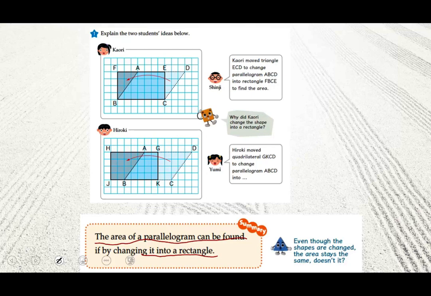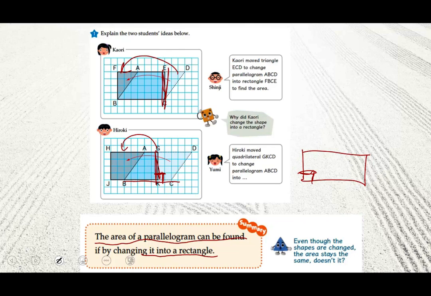In this case, you can cut this shape here and move it, or you can cut in the middle. It doesn't matter. However, the important thing is it has to be perpendicular. Why does this have to be perpendicular? Because we want to change this shape, parallelogram, into a rectangle. In a rectangle, the angle has to be perpendicular. So therefore, the perpendicular is very important.